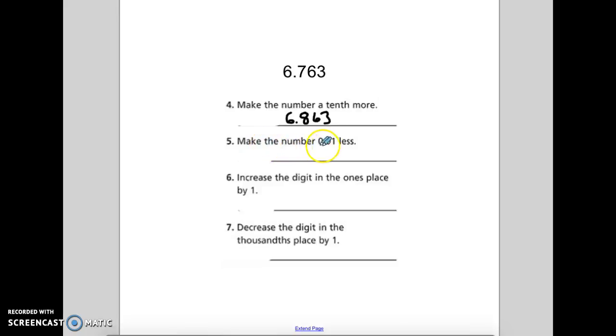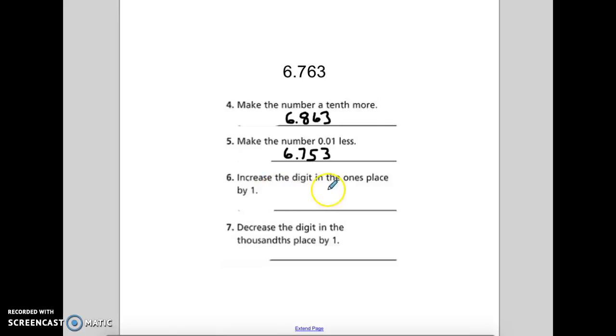Now it says make the number 1/100th less. So I'm going to find my hundredth spot, and I'm going to make it 1 less. So I'm going to have 6, 7, and in my hundredth spot, I'm making it 1 less, 5, 3. So I have 6 and 753 thousandths. Now it says increase the digit in the ones place by 1. All right, so go ahead and increase the ones place by 1.